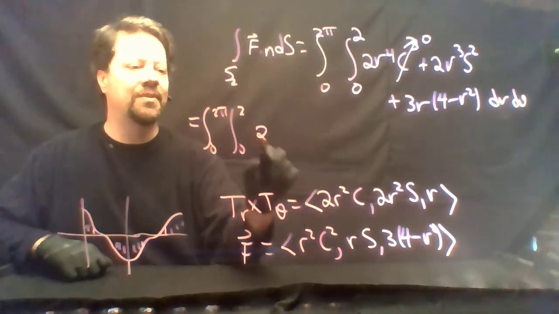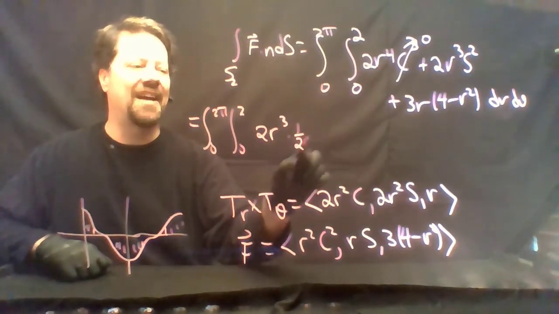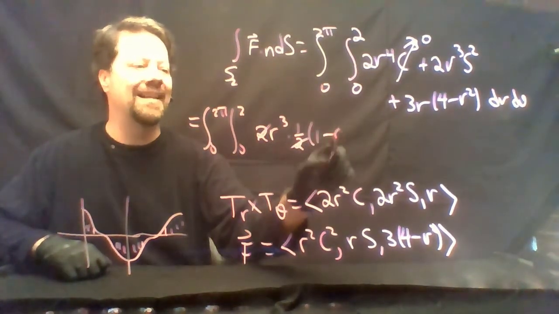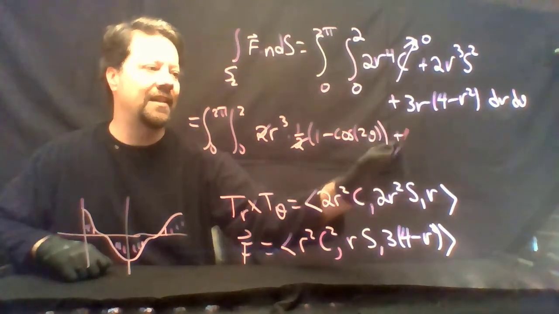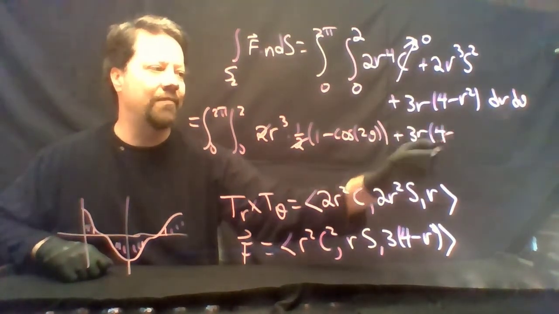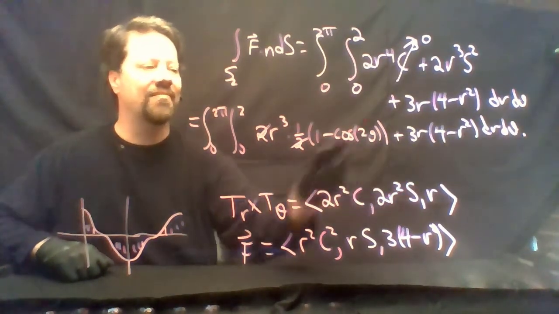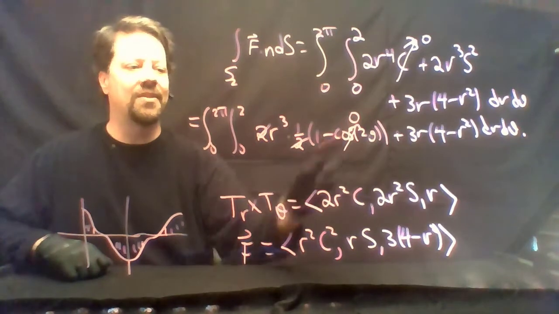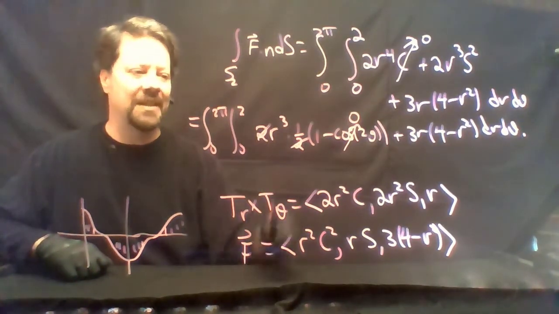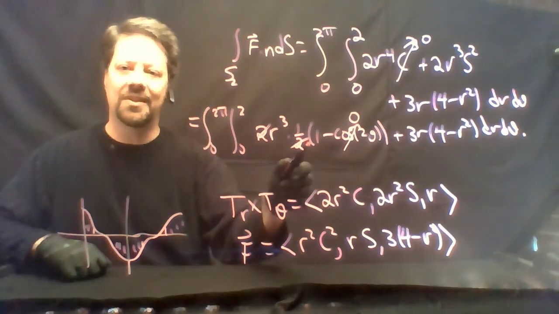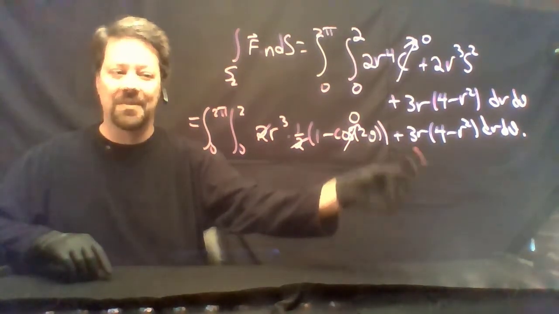We'll have 2 times r cubed times 1/2 of 1 minus cosine 2 theta. We still have the 3r times the quantity 4 minus r squared dr d theta. The cosine 2 theta, when you integrate from 0 to 2 pi, will of course be 0. We're left with just this r cubed plus these other terms.